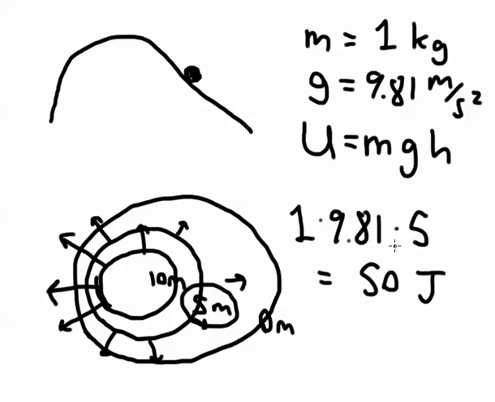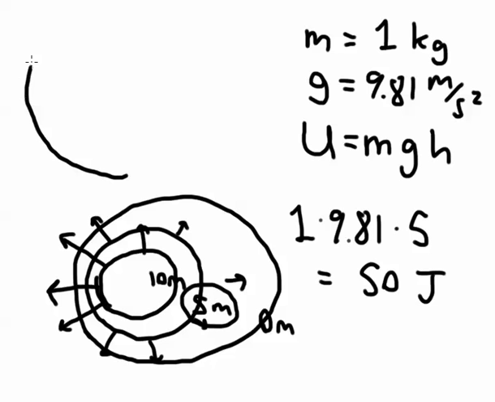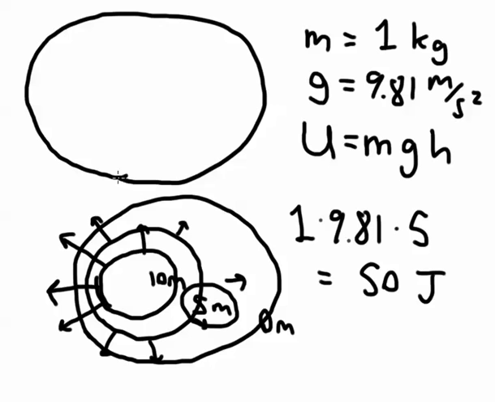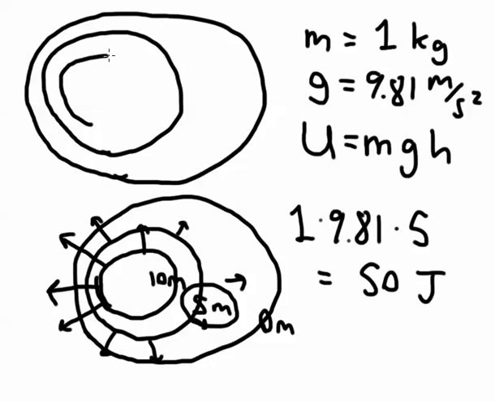So I can draw a potential energy map. I'm going to draw the potential energy map up here, and since the height and the potential energy are basically the same except one is multiplied by mg, then the potential energy map is going to look the same as the height map.